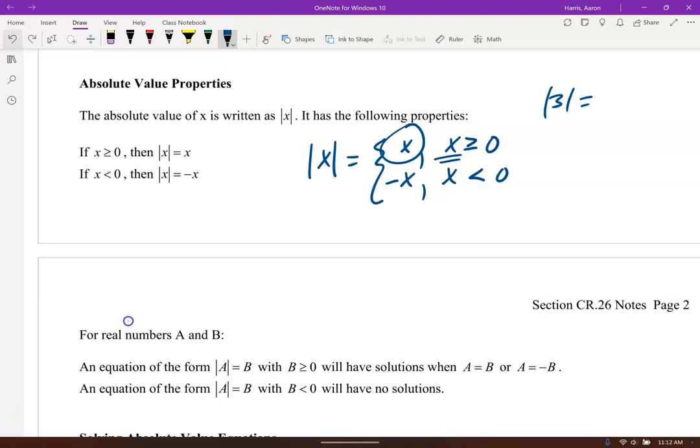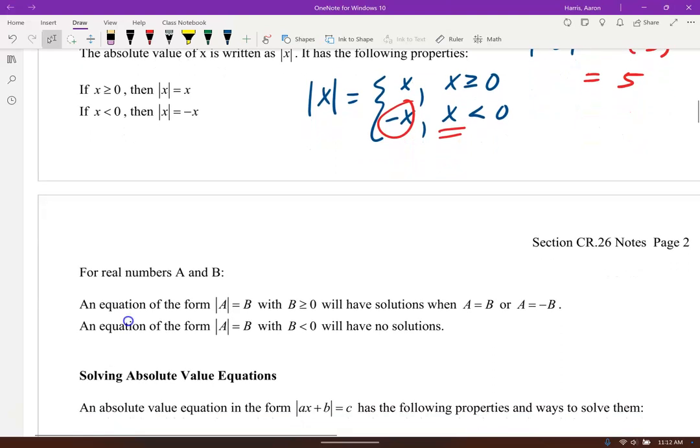Now, if I was taking the absolute value of -5, now -5 is less than 0, so the algebraic definition says take the opposite of that x value. Take the opposite of the -5. So the absolute value of -5 is just 5 per the algebraic definition.